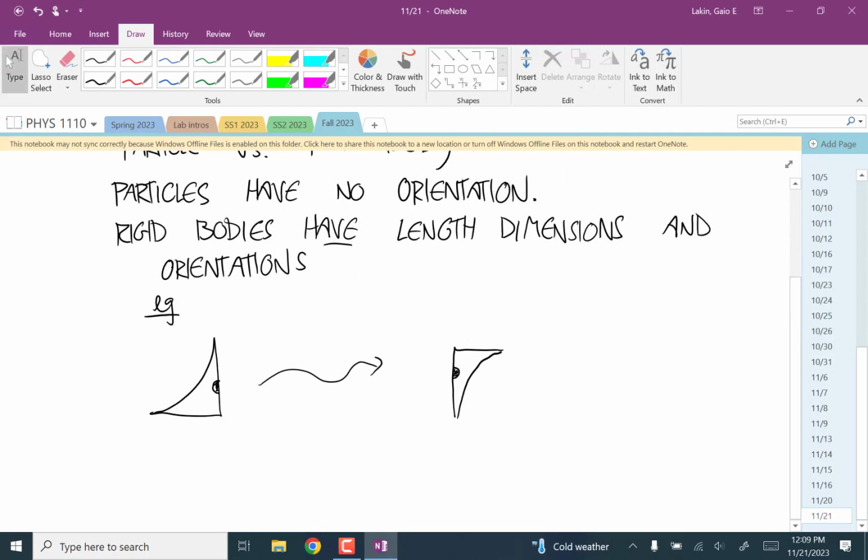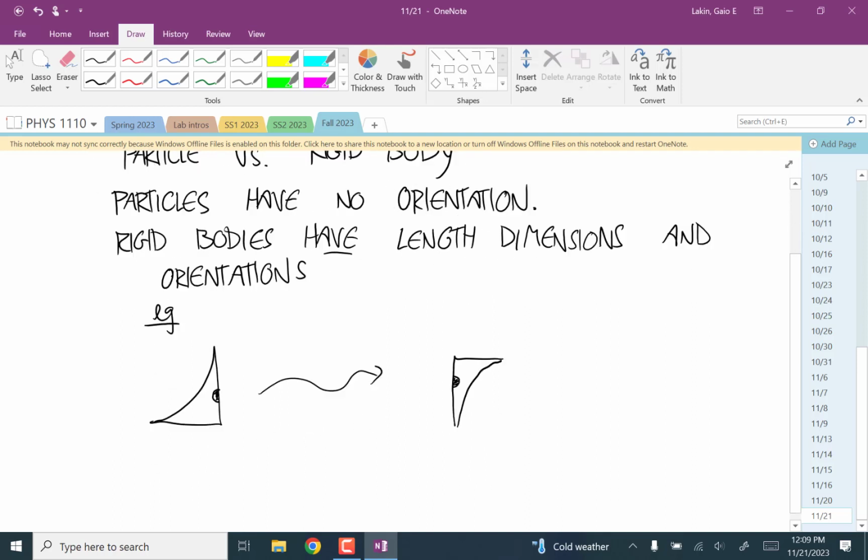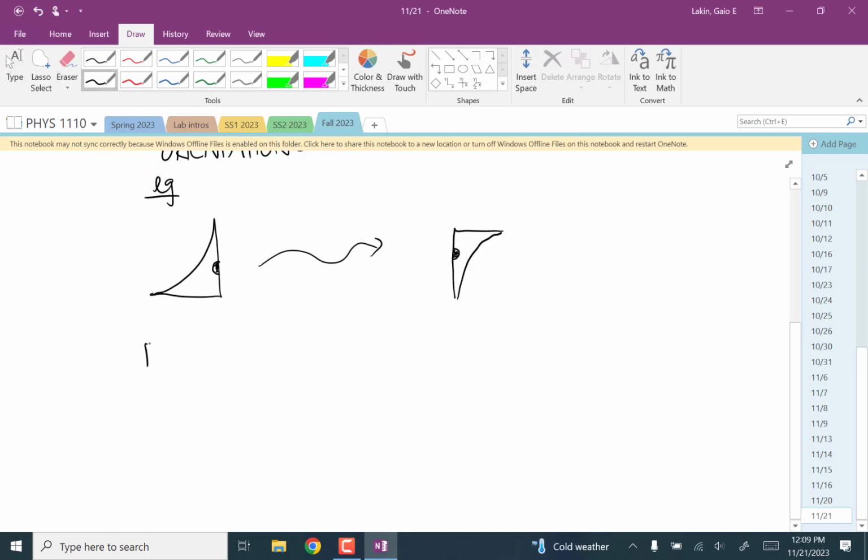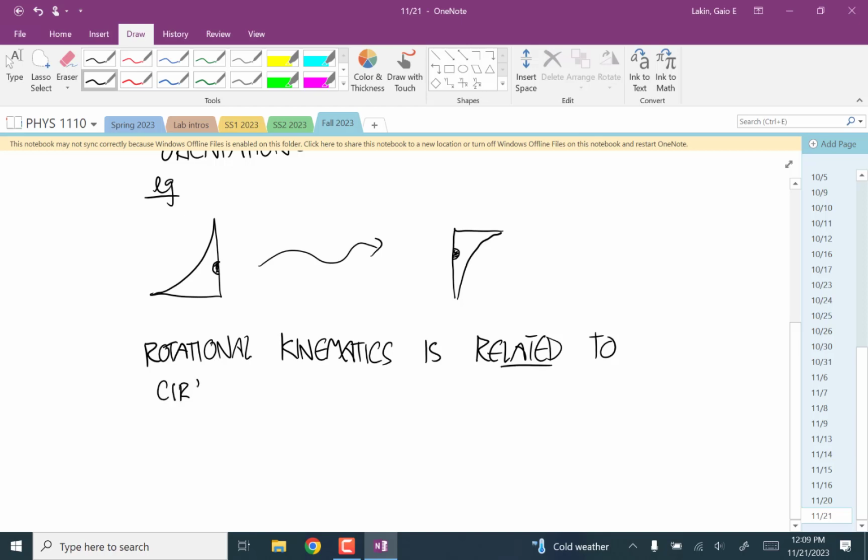The thing that makes this a little confusing is that rotational kinematics is closely related to circular motion. It's related to circular motion, but you need to try to keep these two things straight.